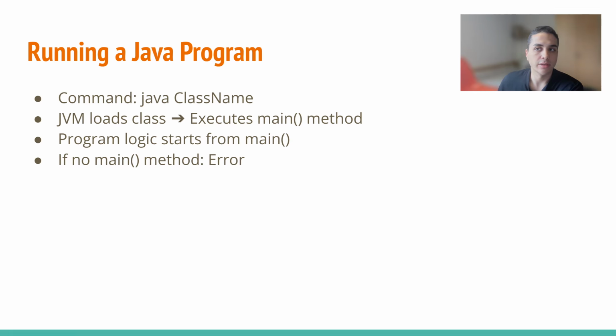Then it calls the class's main function, public static void main with arguments, and it starts execution inside the main. In short, java class name launches the Java virtual machine that loads the bytecode of that class and invokes the main method, the entry point of the program, and that's how it works.